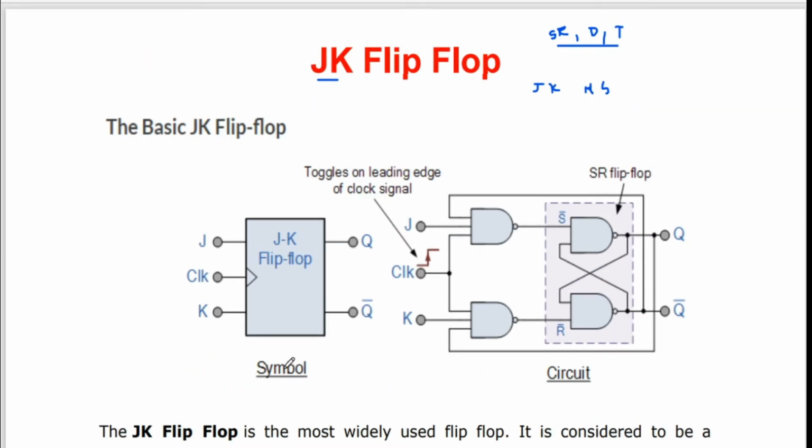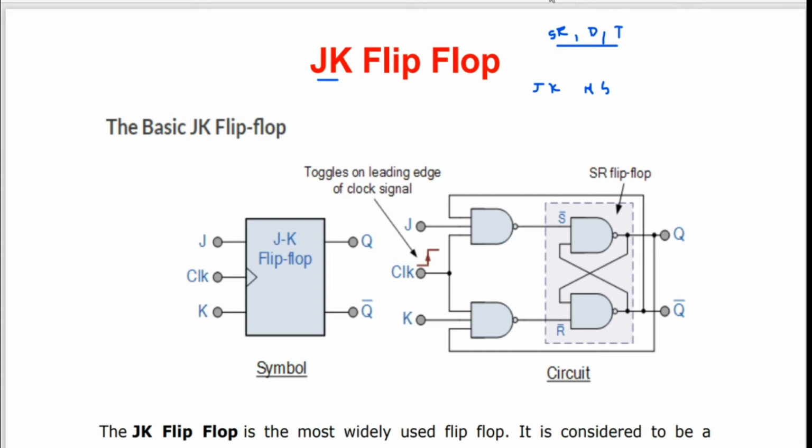This is the logic symbol of your JK flip-flop, where we have the two inputs J and K, and we have a clock pulse acting as an additional input with the output Q and Q bar. So here we have a slight modification with the inputs coming to the NAND gates.